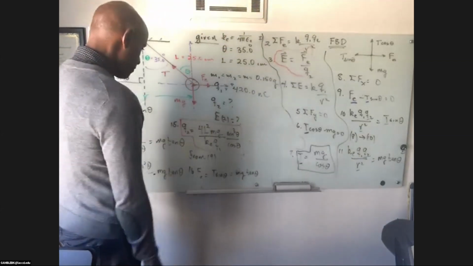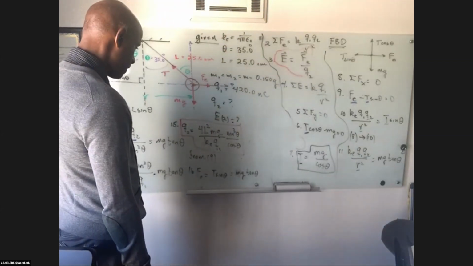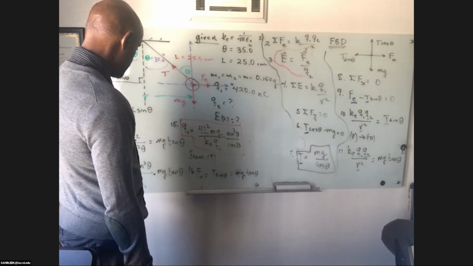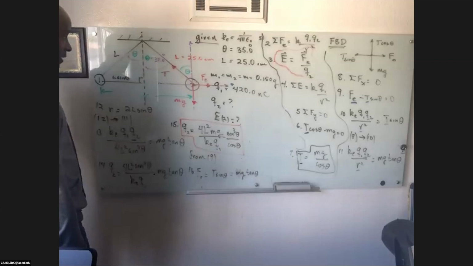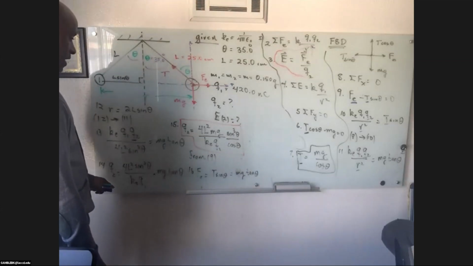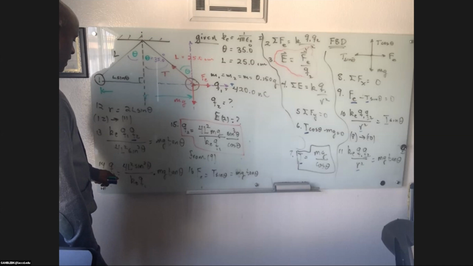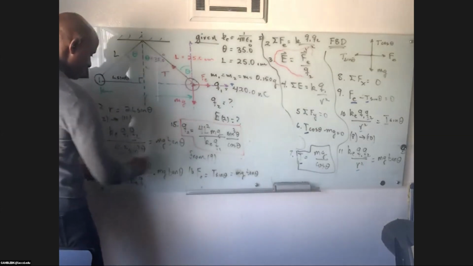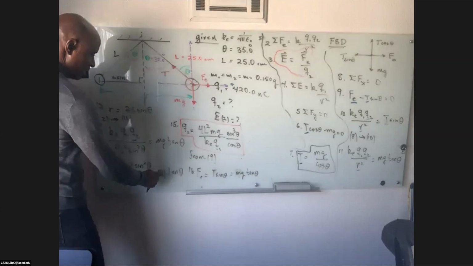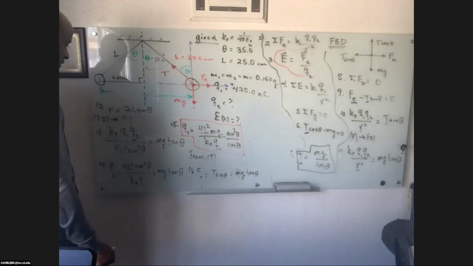So basically, when I put that in, I guess I could see it from here. I'm going to be dividing this thing by Q2. So from this format, you see that basically the mg tangent theta is going to divide out.